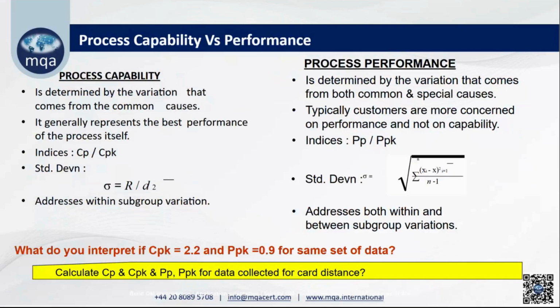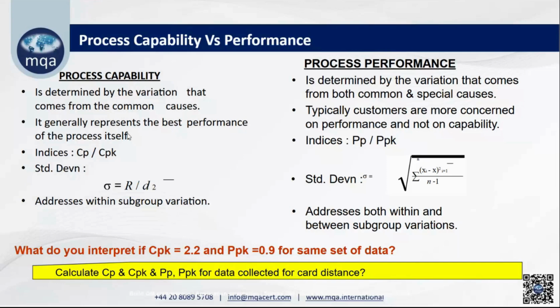Now process capability and process performance. Capability is long term and performance is short term. We saw that when we take the standard deviation for a sample, sample means short term, we take n-1. And if it is long term, we take n. Process capability is a determination of variation that comes from common causes.